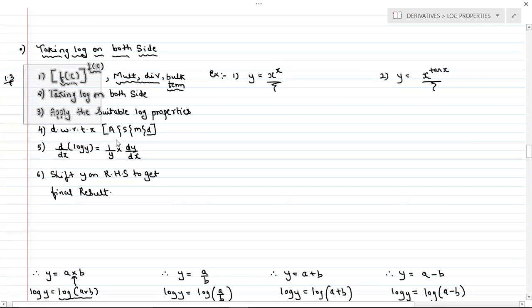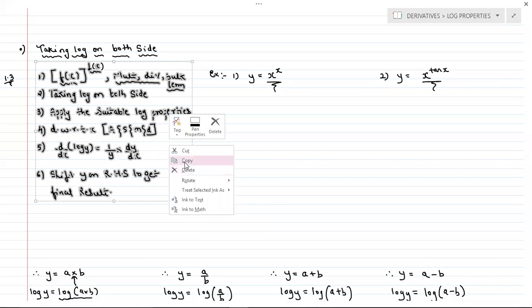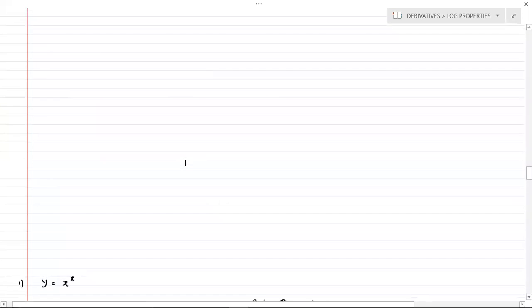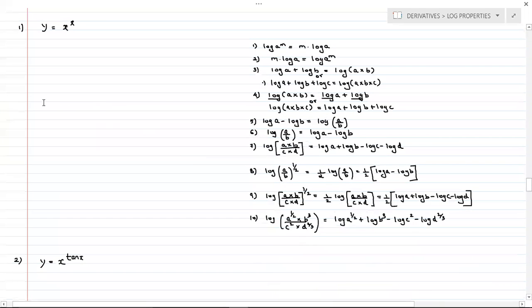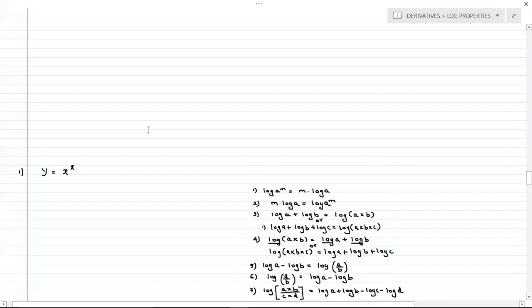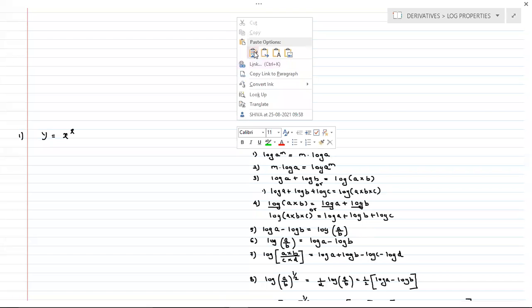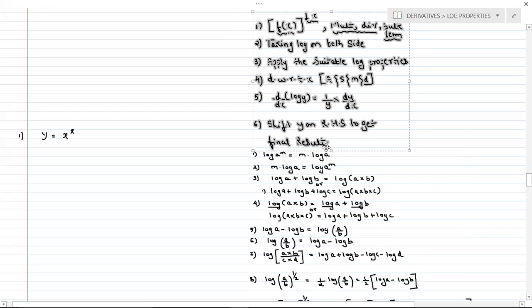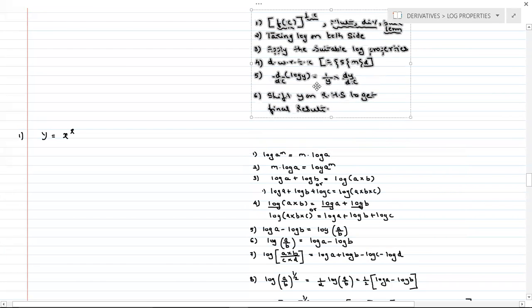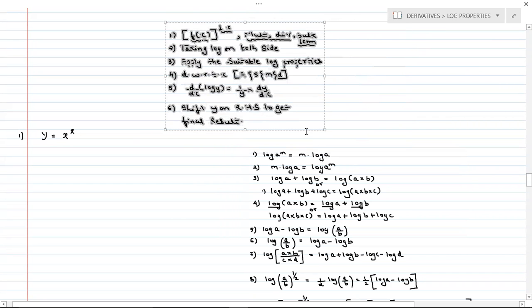So let's take the first example. Here clearly we can see that y equals x raised to x.